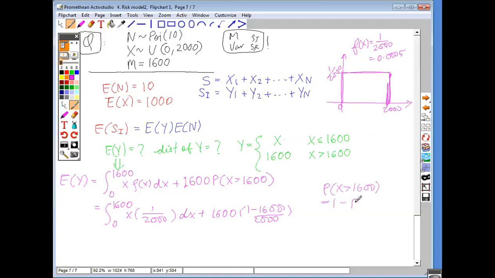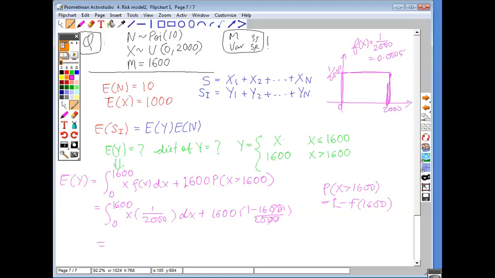So that will be equal to 1 minus F of 1600, which will be this. So what will this give me? 16 upon 20 is 0.8. You'll have 5 and 4 up there. So it's going to be 0.8.